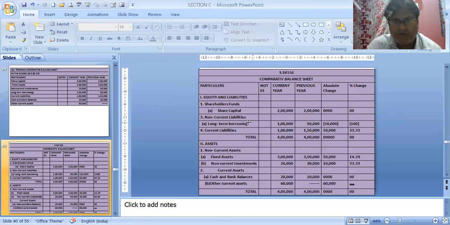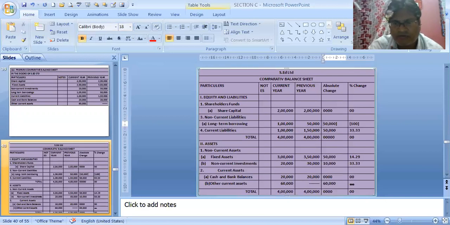Then long-term borrowings, that comes under non-current liabilities. There is a change of minus 50,000, current year minus previous year. So it's not minus 50,000, students, it will be plus 50,000. C minus P is 50,000. So it will be 50,000 by 50,000, which is 100%.